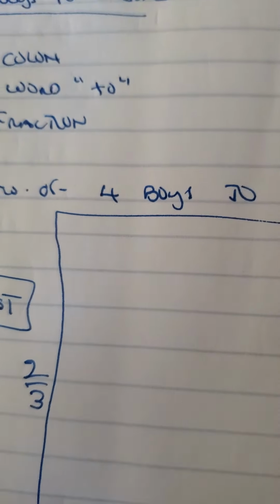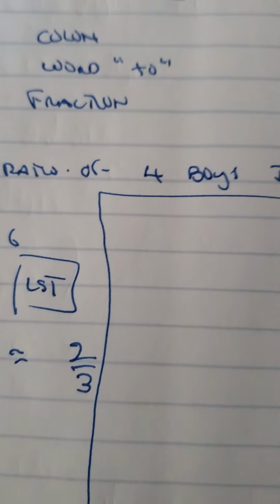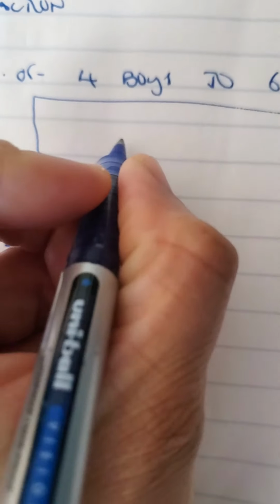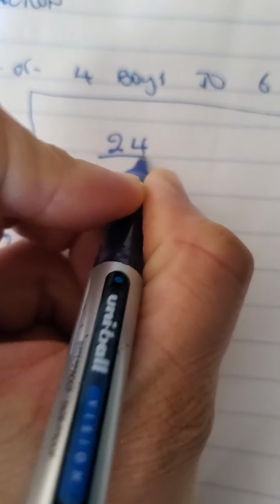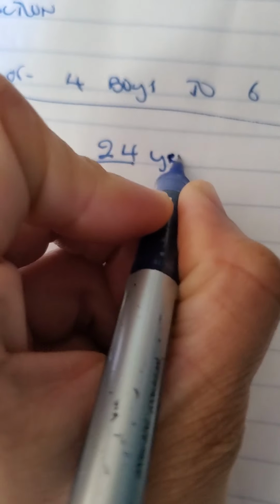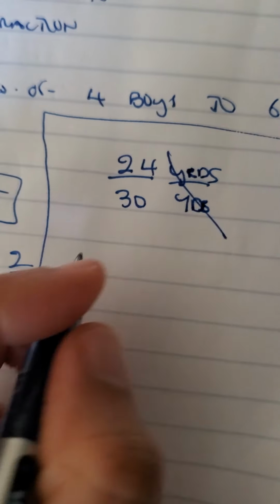What you'll notice about a ratio is that the units will be the same. You see, they're comparing yards to yards. When I gave the example of a boy and girl, these are two human beings. So we're talking about 24 yards in comparison to 30 yards, right? And because we're going to be dealing with units pretty soon, you won't have your response in units because these units cancel out each other.